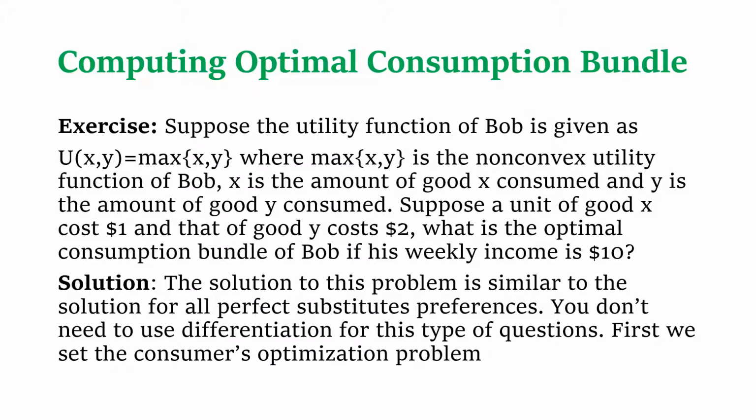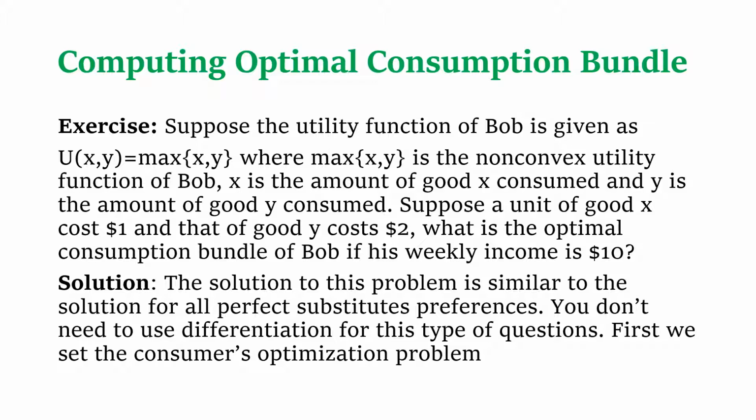If, let's say, for example, the marginal utility derived from good Y is lower than the marginal utility derived from good X. So if the utility derived from Y is greater than the utility derived from X, then the consumer is going to spend all his income on good Y, because the marginal utility there is higher.